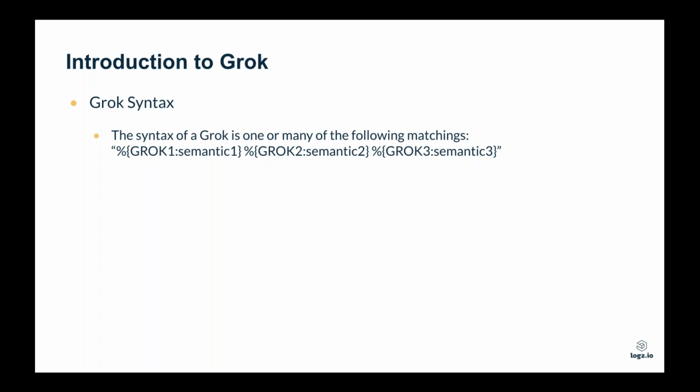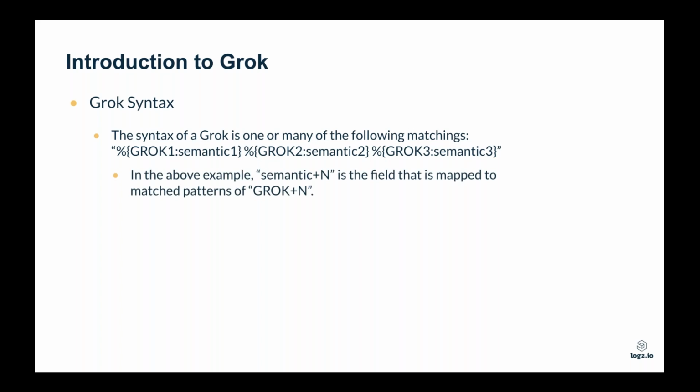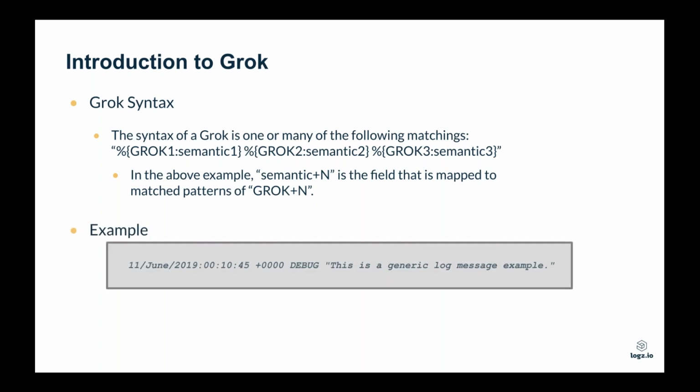The Grok phrase is exactly like int in the previous example, and the semantic represents the field that you want the value match of the Grok to be mapped to. I'll provide a specific example of that. In the example above, you see that the semantic M is the field mapped to the Grok pattern, Grok plus N.